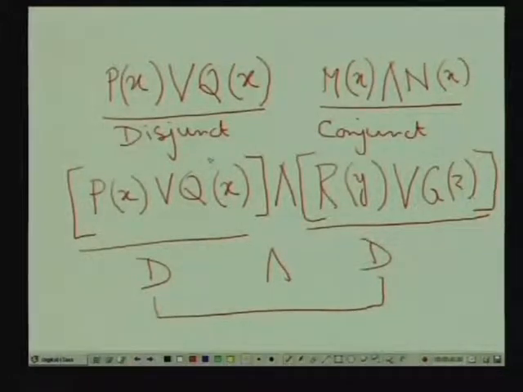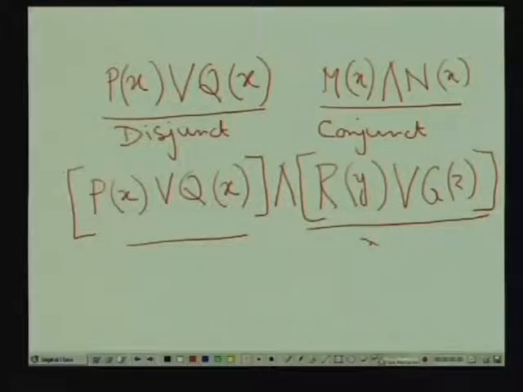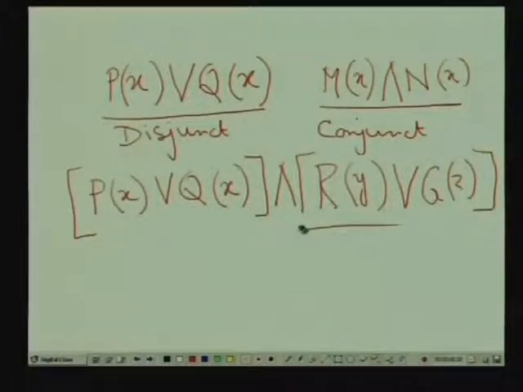Now, what is the implication of this? The implication is, if I have conjunction of disjuncts, say this one in whatever we have written, I just take that as an example, and if you just think a little while, you will realize that once I have conjuncts of disjuncts, then each of these disjuncts I can write down separately.